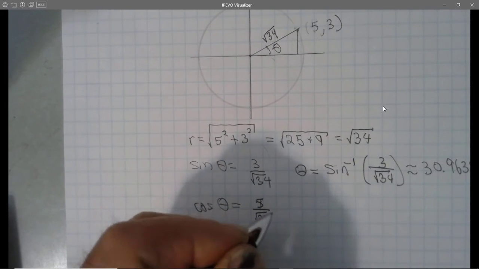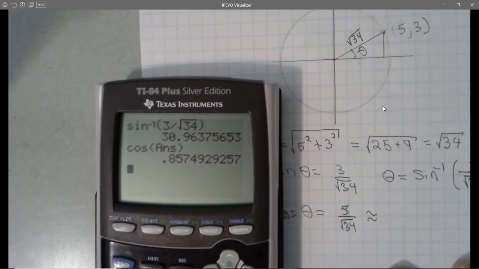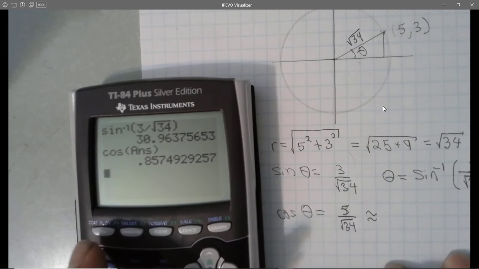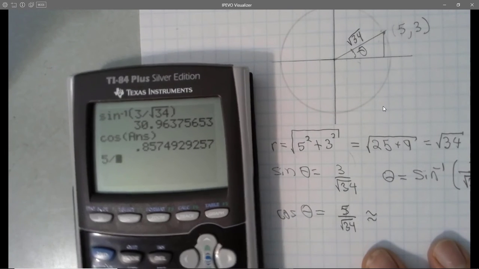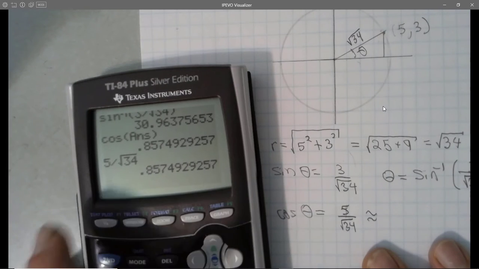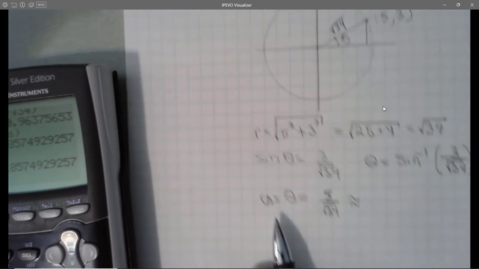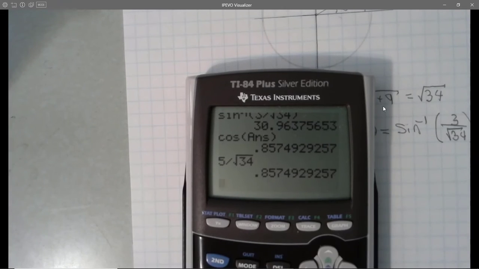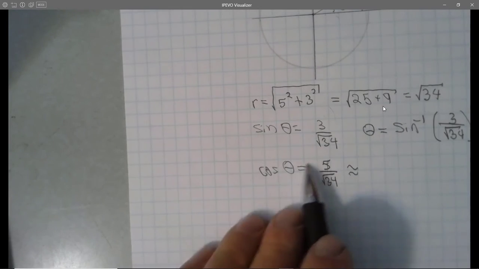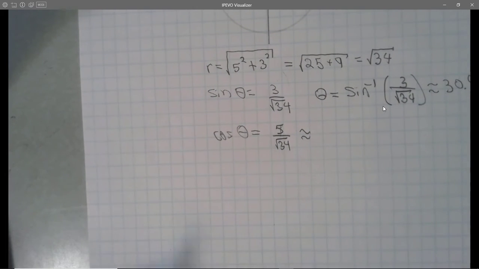And then if we wanted to get a decimal approximation, it should come out to be effectively exactly what's on the screen here. Let's give it a try. 5 divided by square root of 34. And sure enough, it agrees with the previous value. The thing is that you can get the decimal approximation from the exact value. The other way around is not true. Just because I have that sitting on my screen doesn't mean that I can readily guess what the exact form of the angle is.